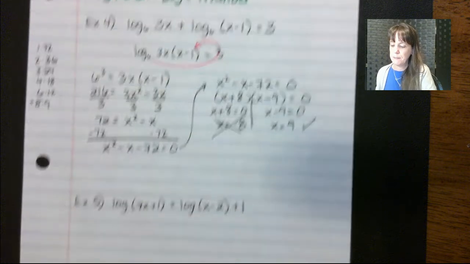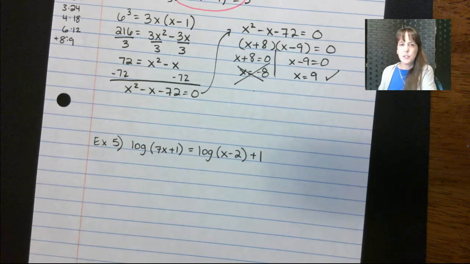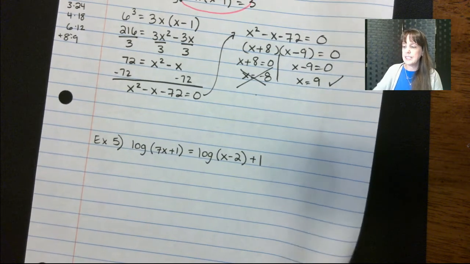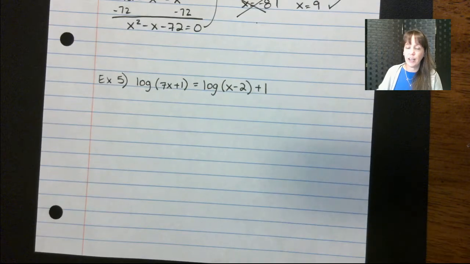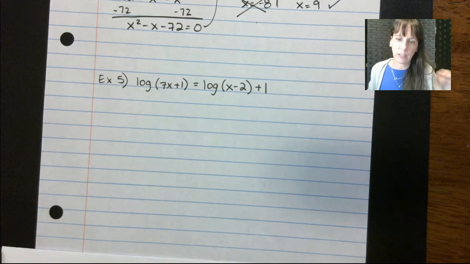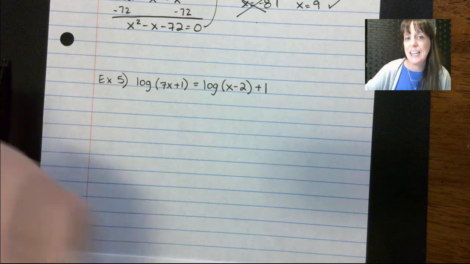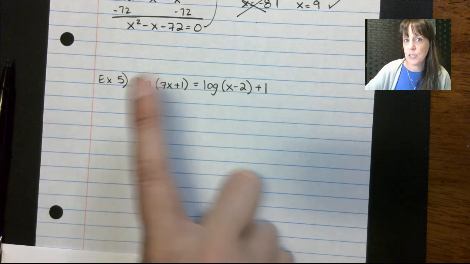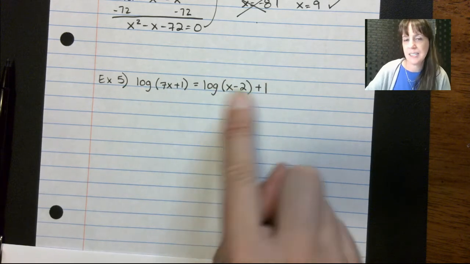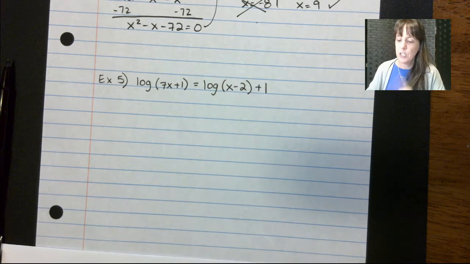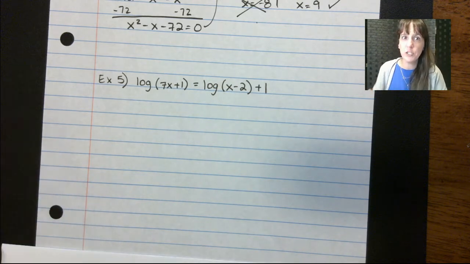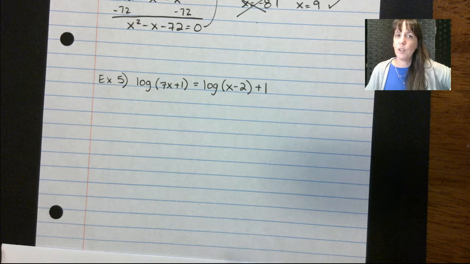All right, example 5. This one looks a little tricky, and you see exactly one logarithm on either side. I don't want you to think this is log equals log, because it's not. There is exactly one log on each side, but we still have this plus 1 here that's not attached to this log. So you have to be very careful. What we're going to do instead is use our rules of logarithms again.